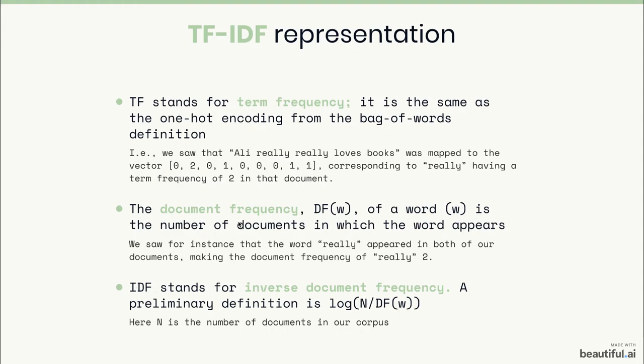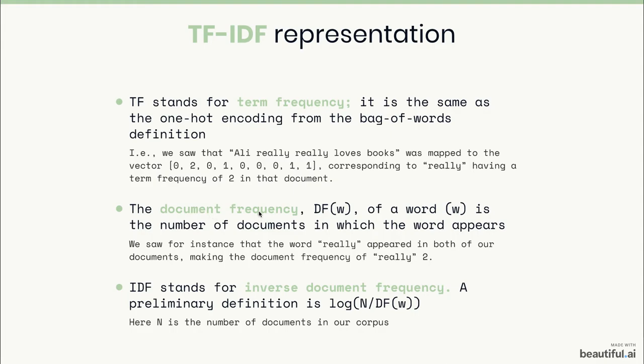Also, before I get to IDF, note that this is exactly what we care about. The word the would have a very high document frequency because it would appear in many documents, but a word like COVID-19, for instance, would appear in fewer documents, so it would have a smaller document frequency.